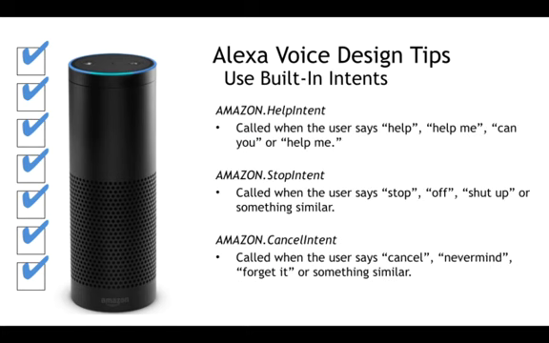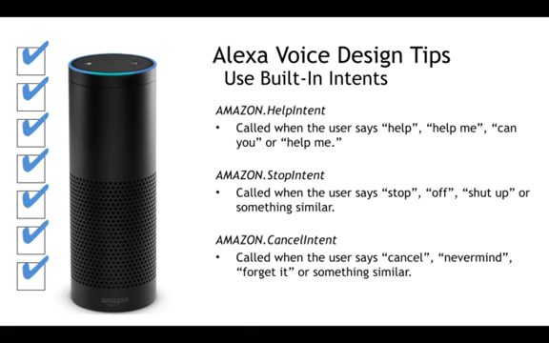More on the technical side, it's highly recommended for you guys to use the built-in intents. I showed you that a little bit when we were looking at the code. So Amazon help intent, stop intent, and cancel intent. Those are all three intents that are already built for you, and you can leverage them.